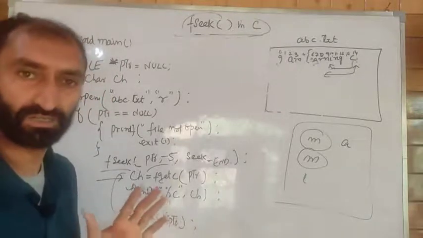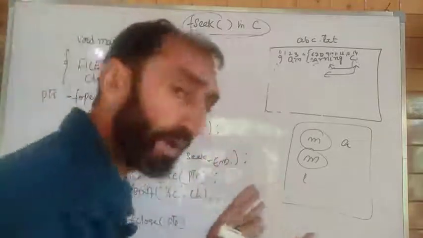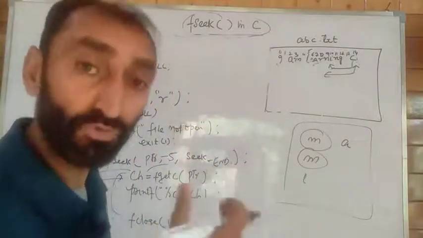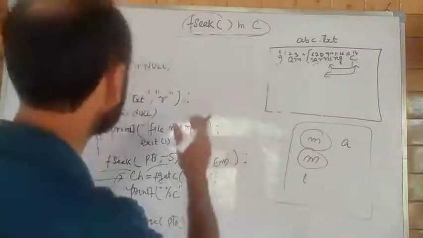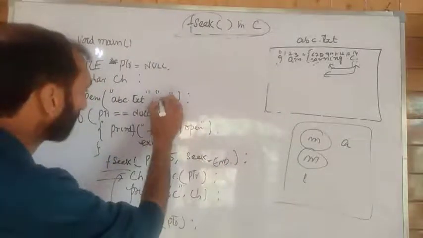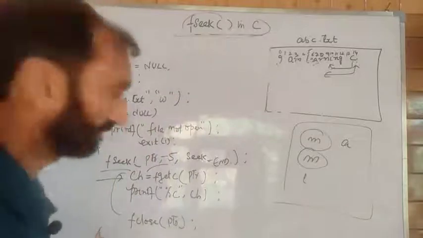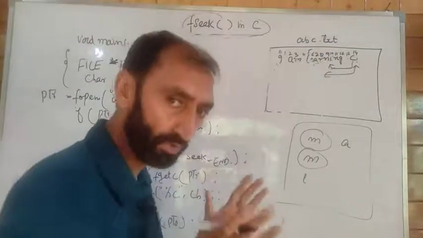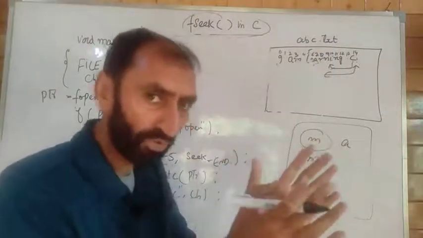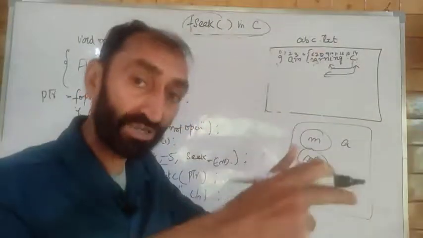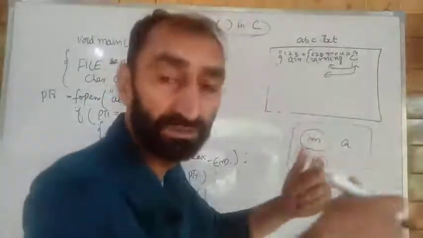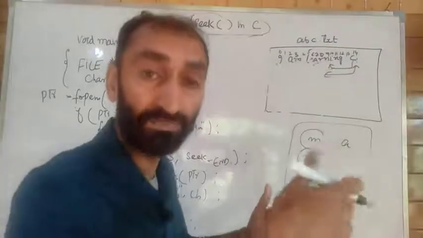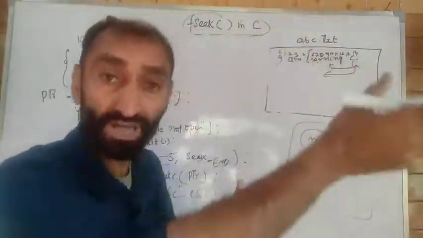But take care, the mode of opening the file matters. For example, if you open the file in W mode and the file already exists, we know that in case of W mode, it overwrites the current file and a new file is created. The contents of the already existing file are overwritten.